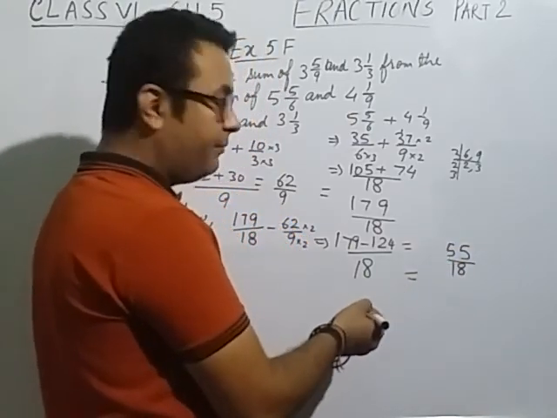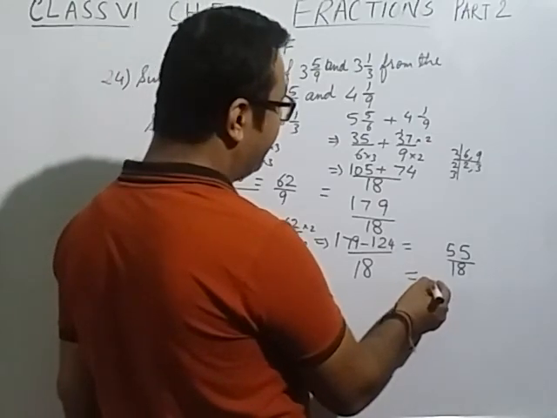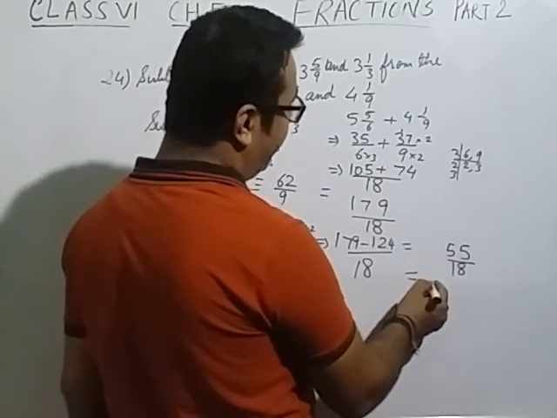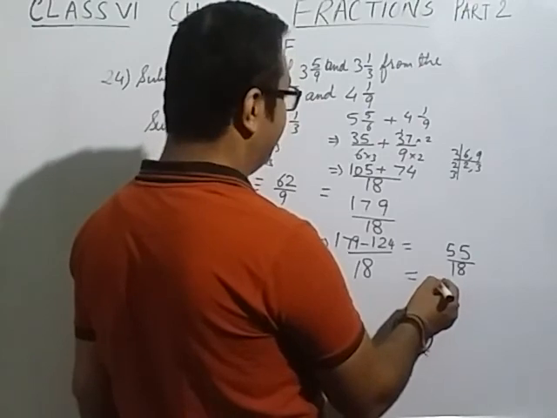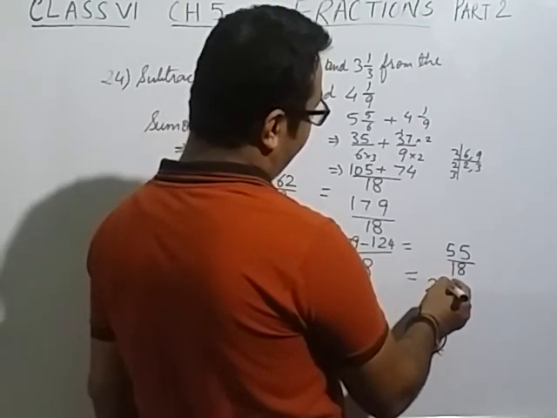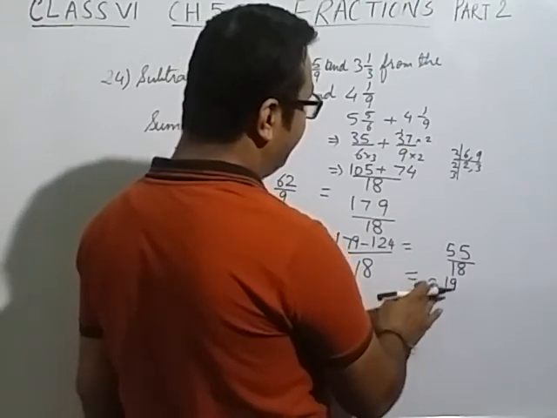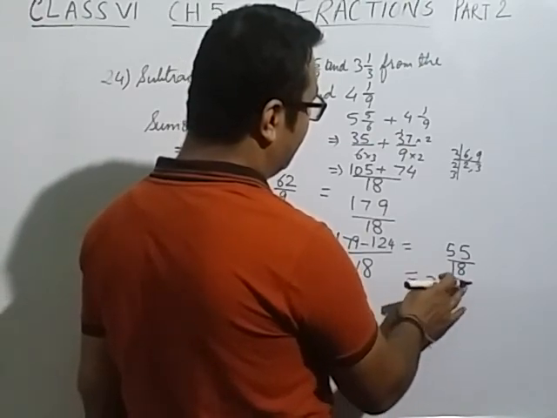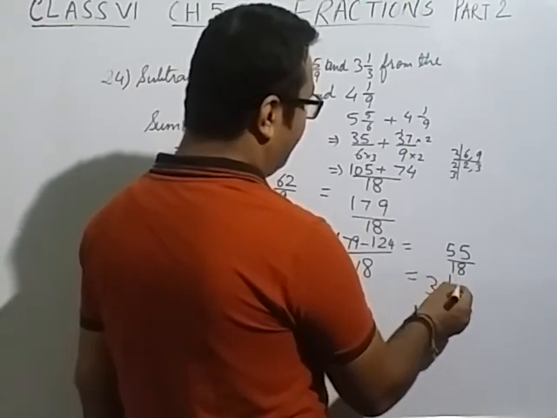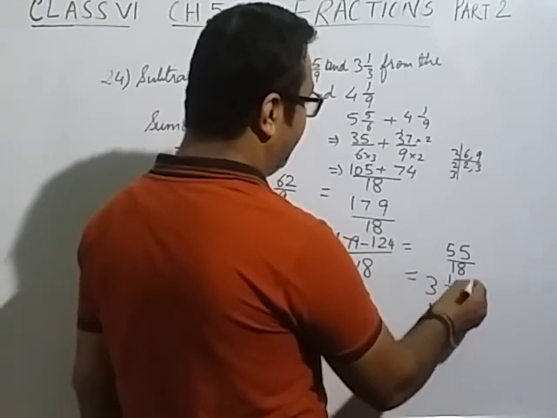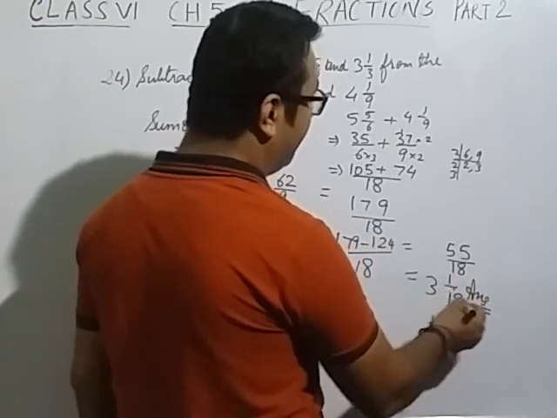In which form can 55 upon 18 be written? 18 2s are 36, 18 3s are 54. So 3 whole 1 upon 18 will be our final answer.